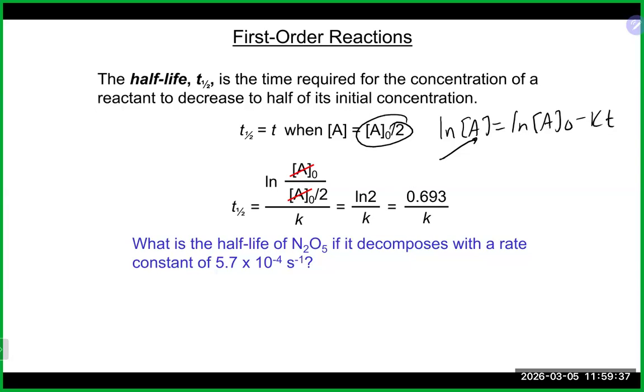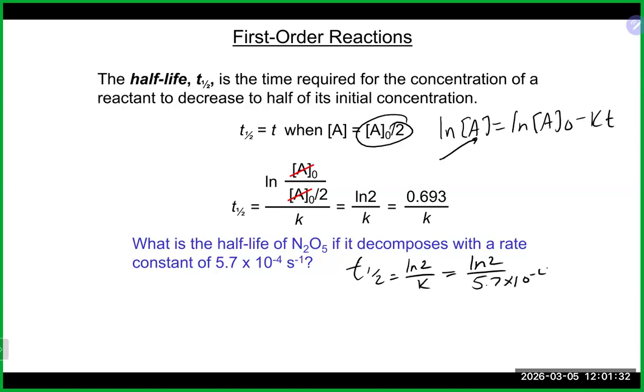So once we solve this one, what is the half-life here of N2O5 if it decomposes with a rate constant of 5.7 times 10 to the minus 4 reciprocal seconds? Okay, so obviously here we're going to roll with our half-life equation, natural log of 2 divided by k. In this case, it did just give us the rate constant, so we'll go right in with it.